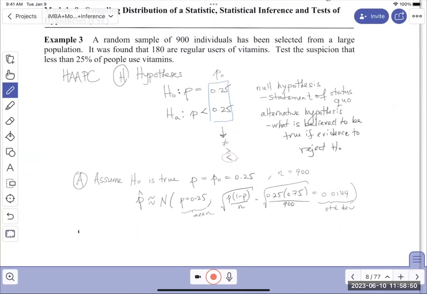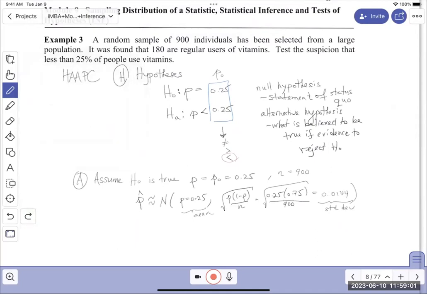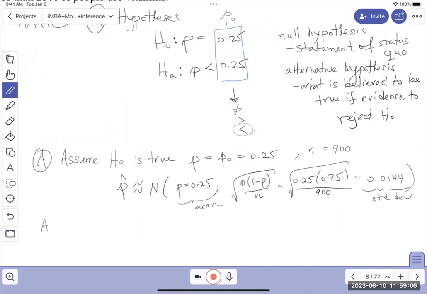The next step is called the A step. Okay, so now I want to do the second A. I want to assess the evidence. What is the evidence? It's what's from the sample, right?